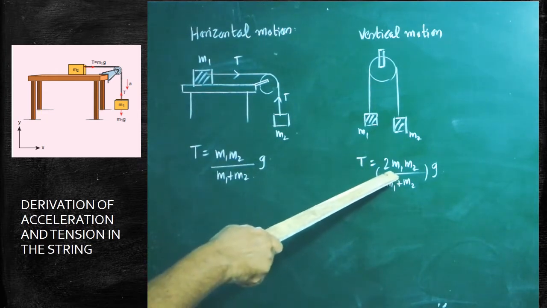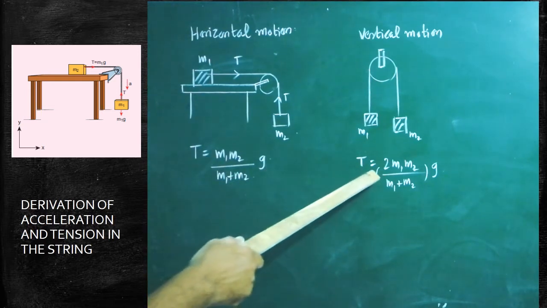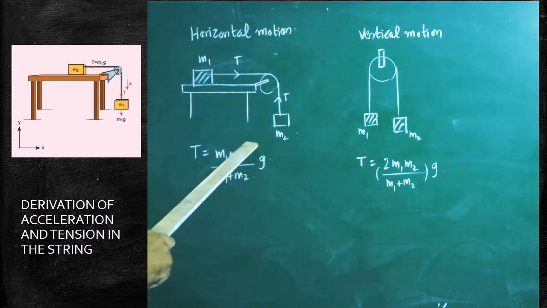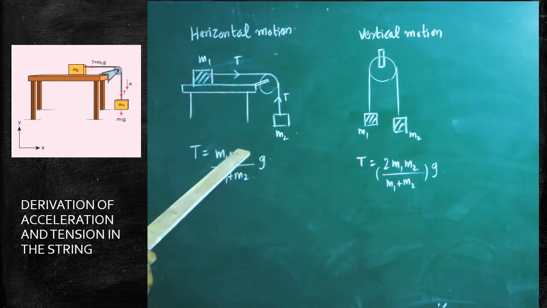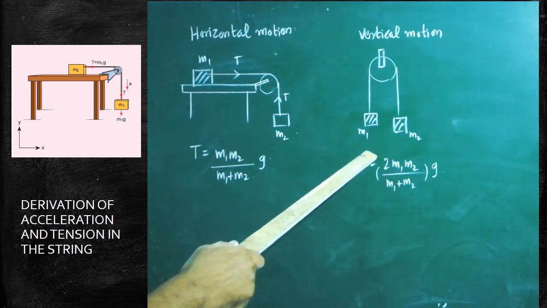The only difference is here 2 is there, here 2 is not there. Are you clear? It shows that here just half of the tension is required when compared to this one. The tension in the string for horizontal motion is half of the tension for the vertical motion, for the same set of masses and strings.